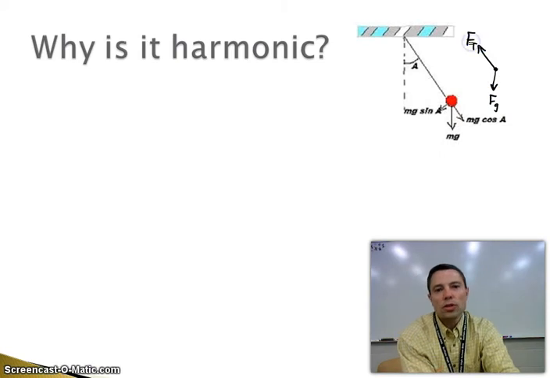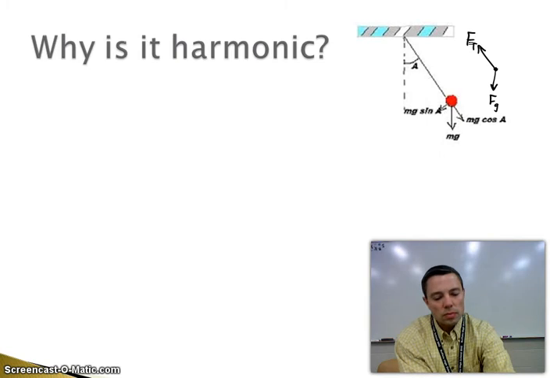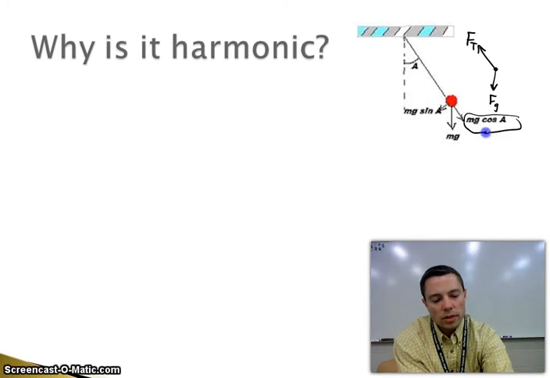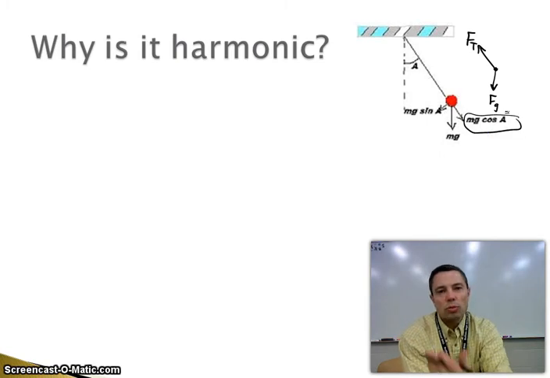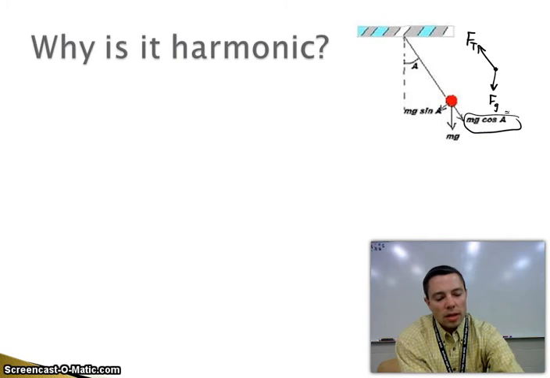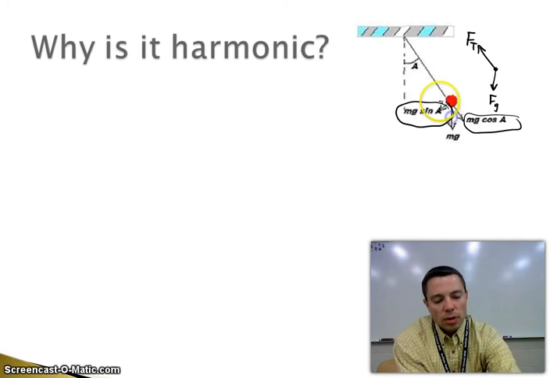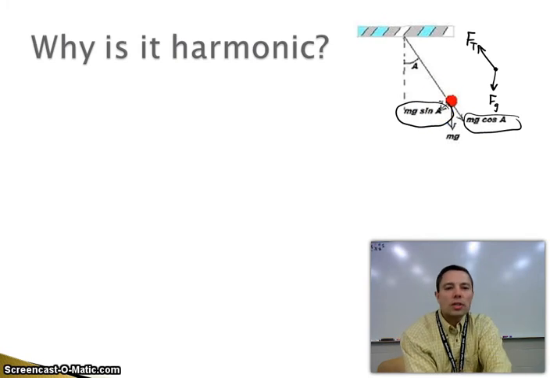So there are my two forces on my pendulum bob. A component of my weight is equal to my tension force, and the other component of my weight is what's causing the motion. That's my force, mass times acceleration.